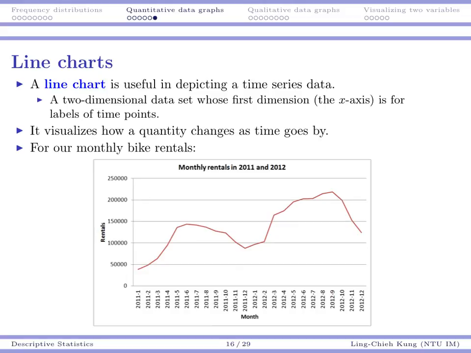We can also see a very clear seasonality. For summer times, we have higher daily rentals and so on and so on. So time series data can be very easily and appropriately depicted with line charts like this. The horizontal labels should always be time, and the Y labels are typically frequencies.